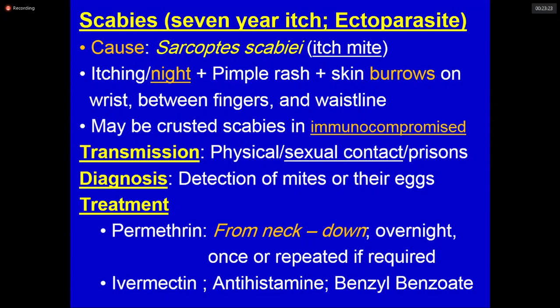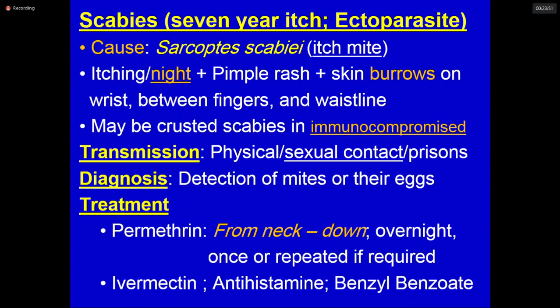And they cause burrows in the skin, especially at the wrist, between the fingers, and at the waistline. In immunocompromised patients, sometimes it causes crusty lesions, crusty scabies.